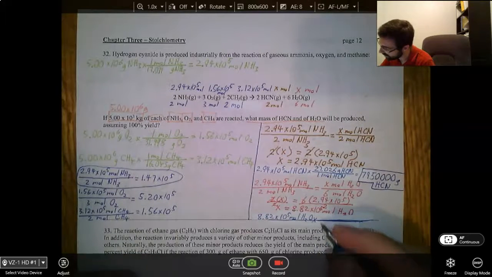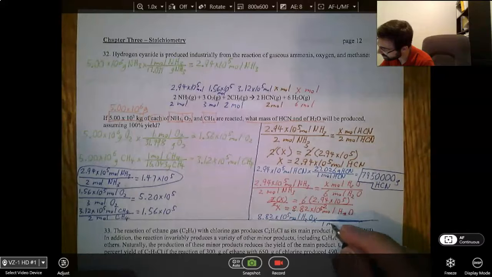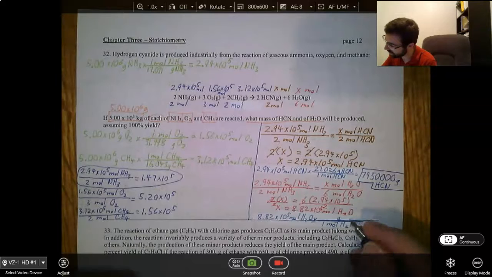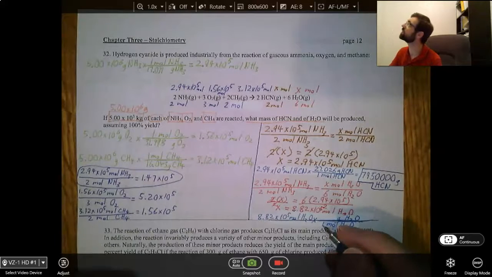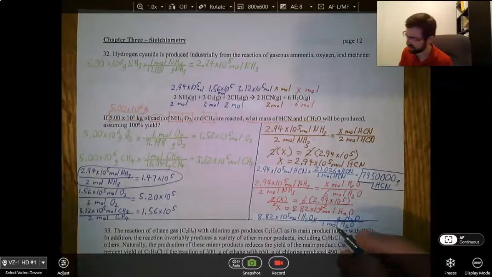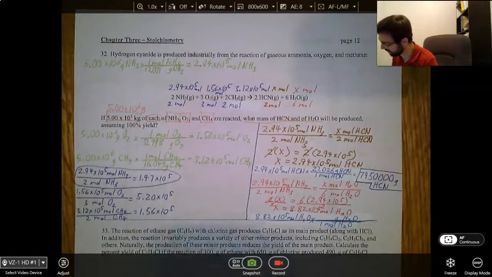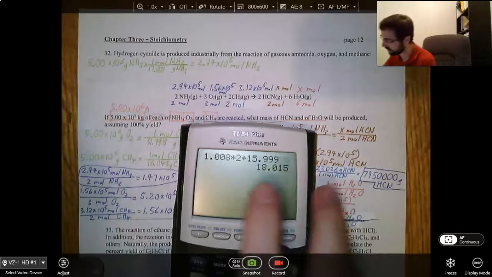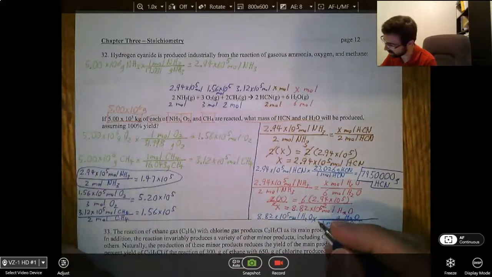On the bottom we're going to have 1 mole H2O. On the top we're going to have the mass of H2O, which is about 18, I believe. 16 plus 1. So it's 18.016, something close to that, 1.008 times 2 plus 15.999. 18.015 or 18.016, depending on which periodic table you ask.